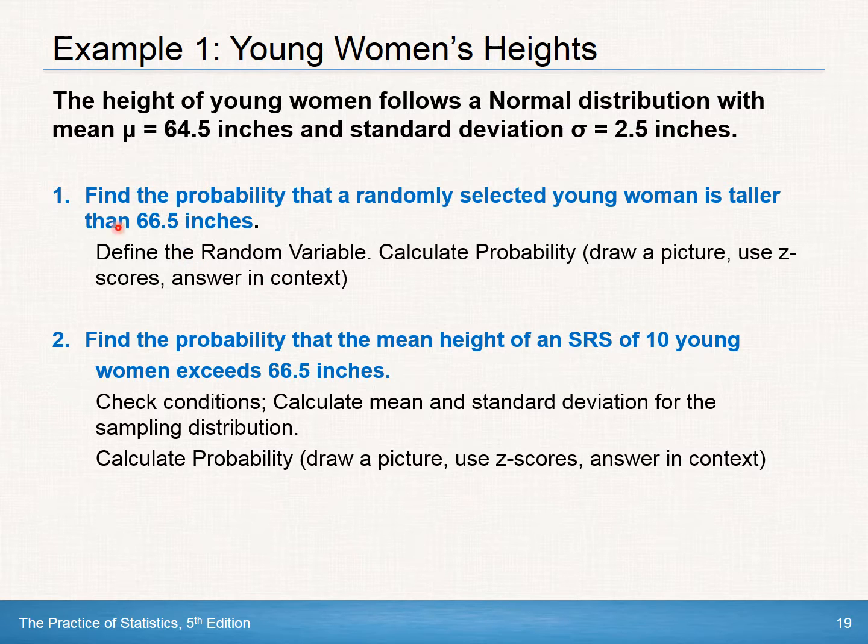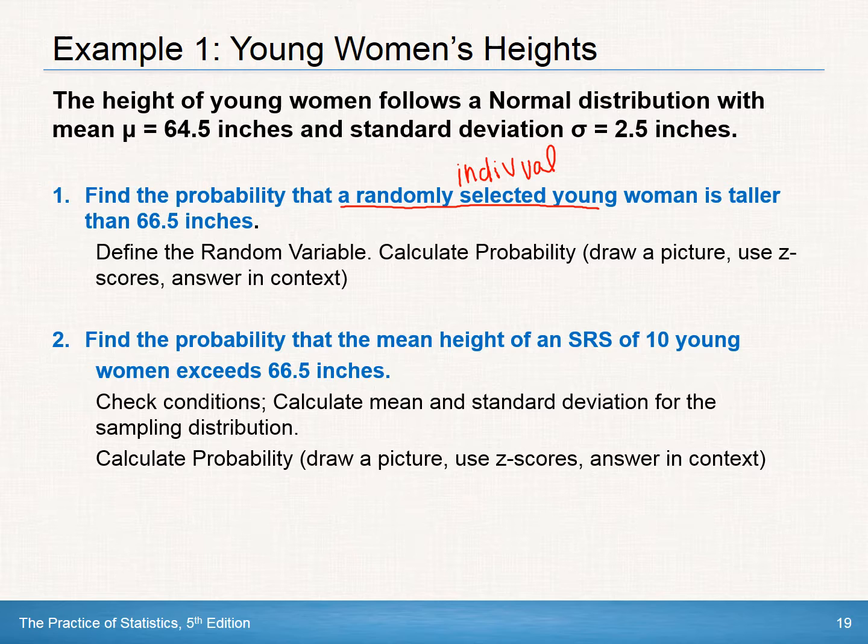Okay, so let's take a minute and look specifically at the differences between these two questions. This is why it's really important to make sure that you understand what the question is asking. Question number 1 says find the probability that a randomly selected young woman. What does that tell you? That tells you that I'm looking at an individual.